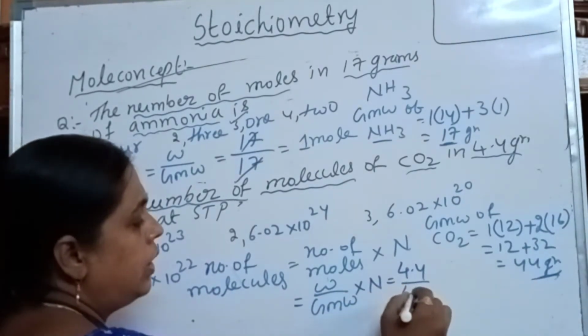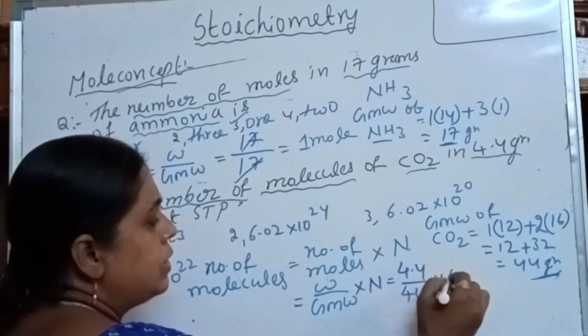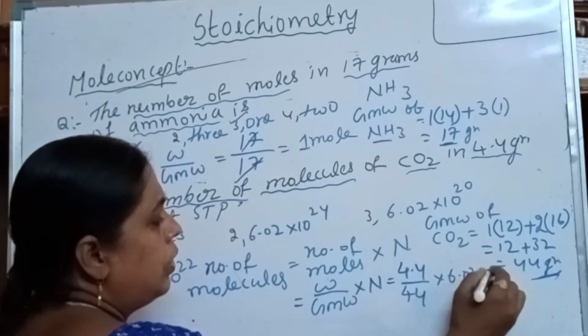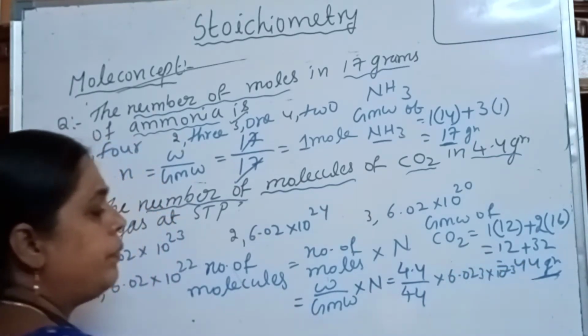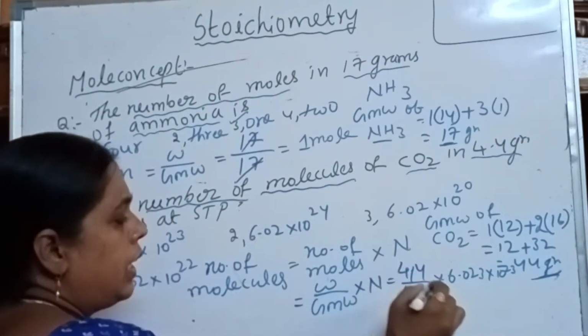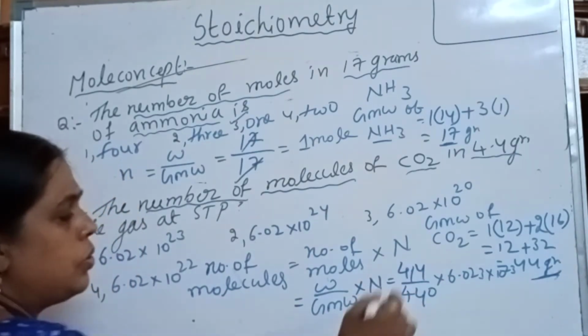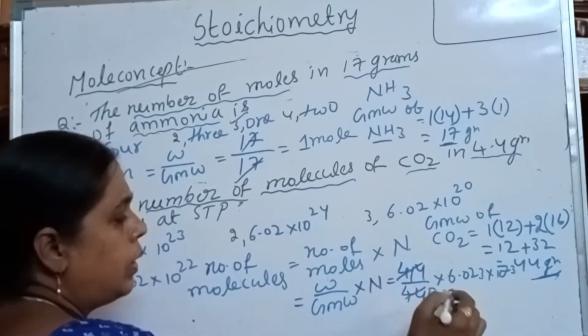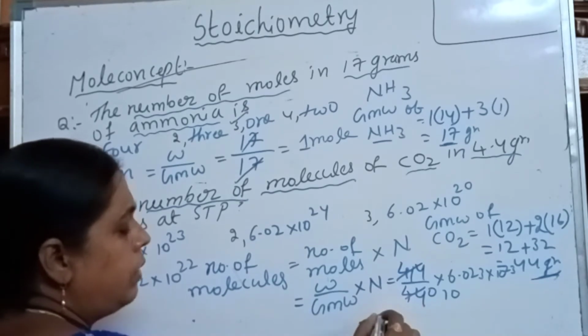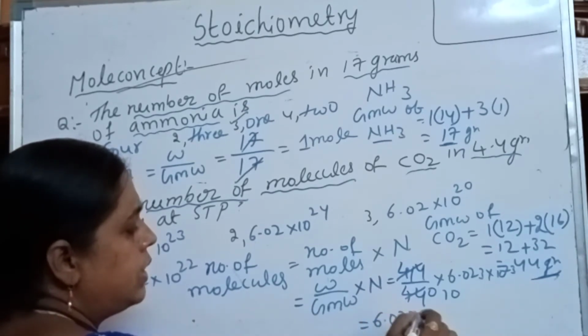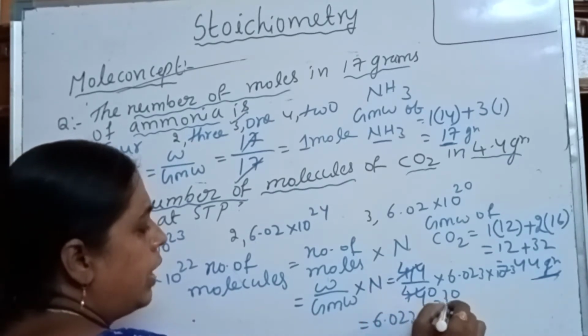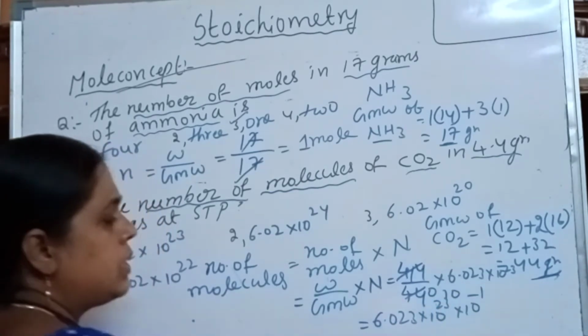So substitute here 44 into 6.023 into 10 to the power of 23, isn't it? So the point cancels to get 0 here. So what do we get here? 1 by 10. 1 by 10 we can write in the form of 10 to the power of minus 1, isn't it?